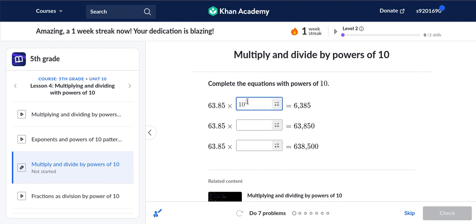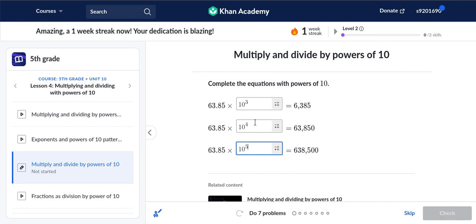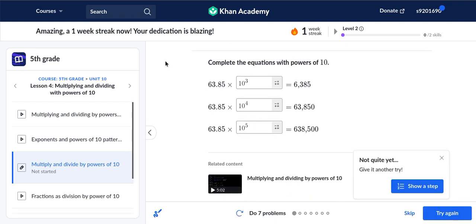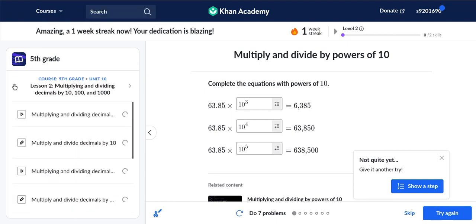So we're on 10 to the third power, 10 to the fourth power, and this will be 10 to the fifth power, which I think is 1,000. I'm not sure if this is actually right. Yep. Of course I'm wrong. Let's see what else we could do.